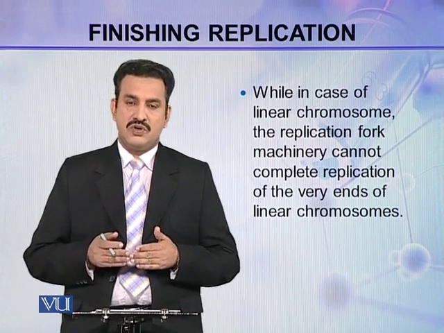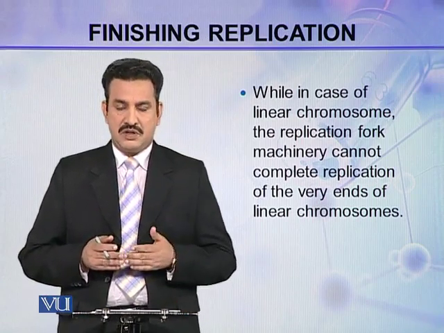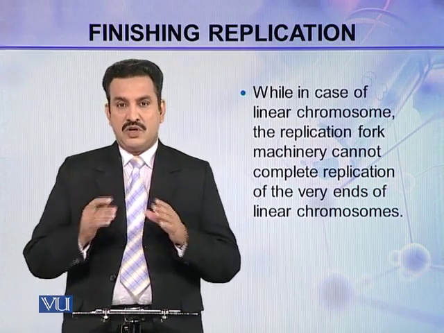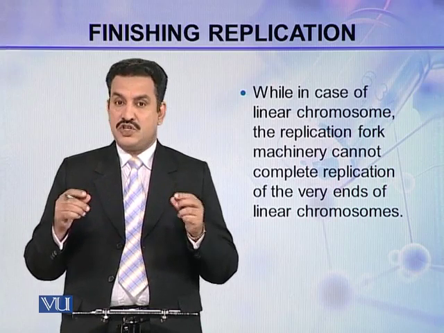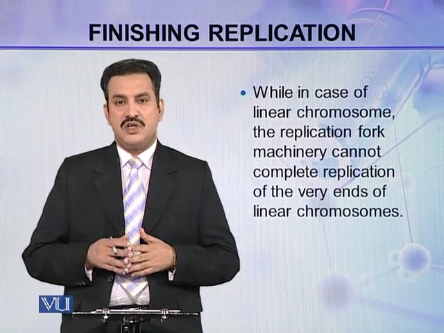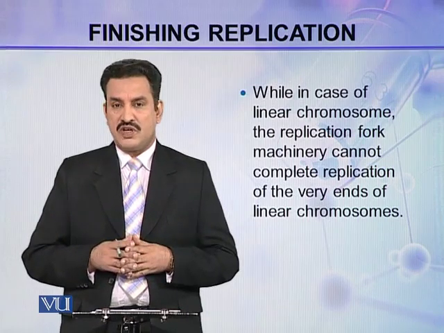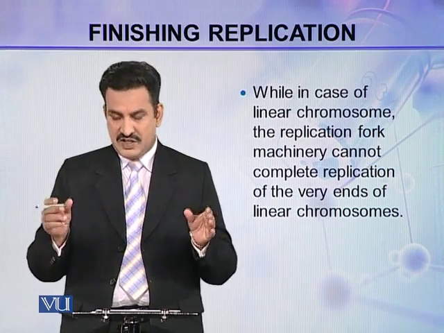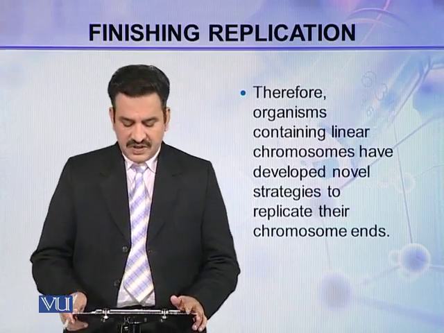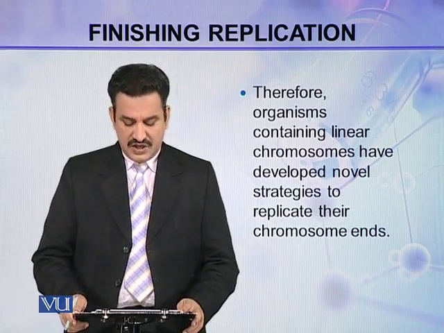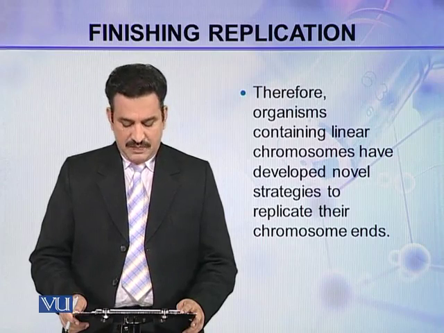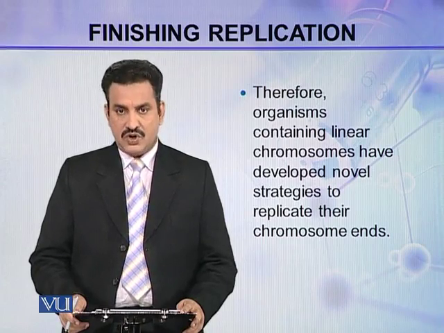So when the replication will complete, the ends which are called telomeres, they will pose some problems. The replication machinery cannot complete replication at the ends in case of linear chromosomes. Therefore, organisms containing linear chromosomes have developed novel strategies to replicate their chromosome ends or telomeres.